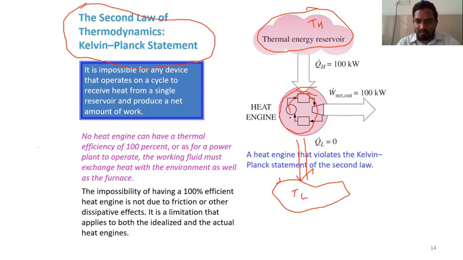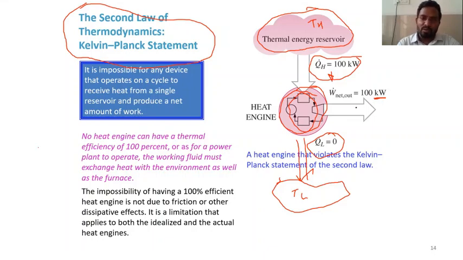To work naturally, the heat engine is supposed to accept heat from high temperature reservoir and reject heat to a low temperature reservoir. And the difference of those two, or the heat engine will convert some part of heat that is absorbed from the high temperature source into a useful work.